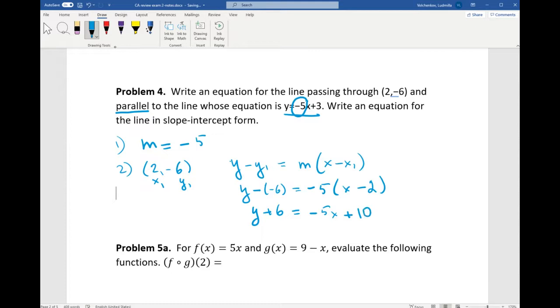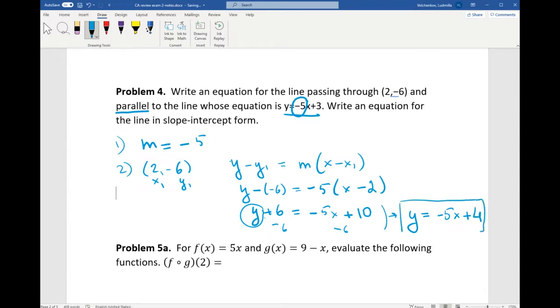Okay, in slope-intercept form, we must have y alone on the left. So let us subtract 6 from the left and from the right. And then we get y equals -5x plus 10 minus 6, plus 4.